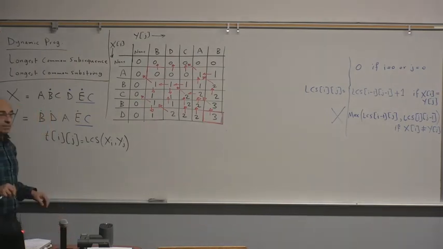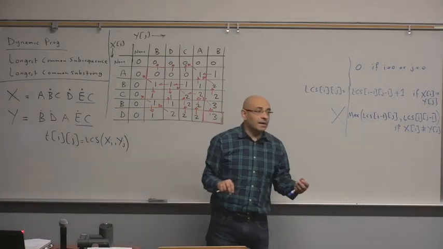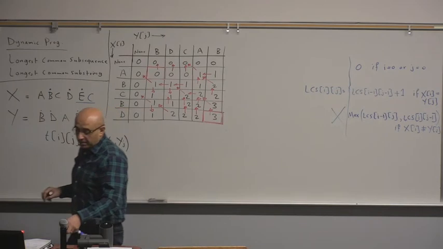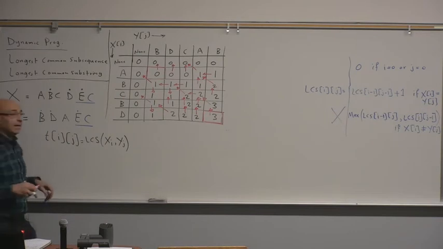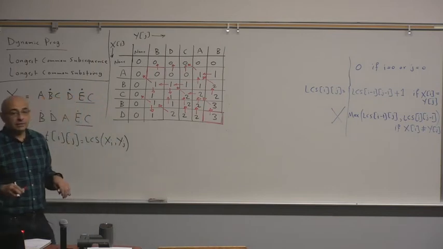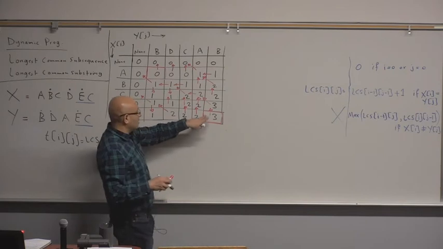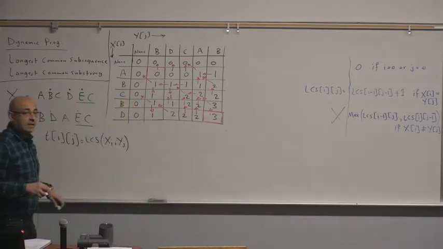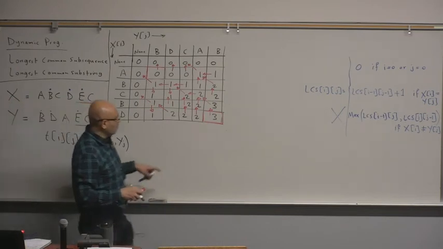Now we have to do some kind of traceback, like we did with the 0-1 knapsack problem, trying to figure out which ones got taken and which ones did not get taken. So in this case, what indicates whether a character got taken or not? Diagonal, right? So we can store these, diagonal or not diagonal. We can store this, but without storing it, we will know.